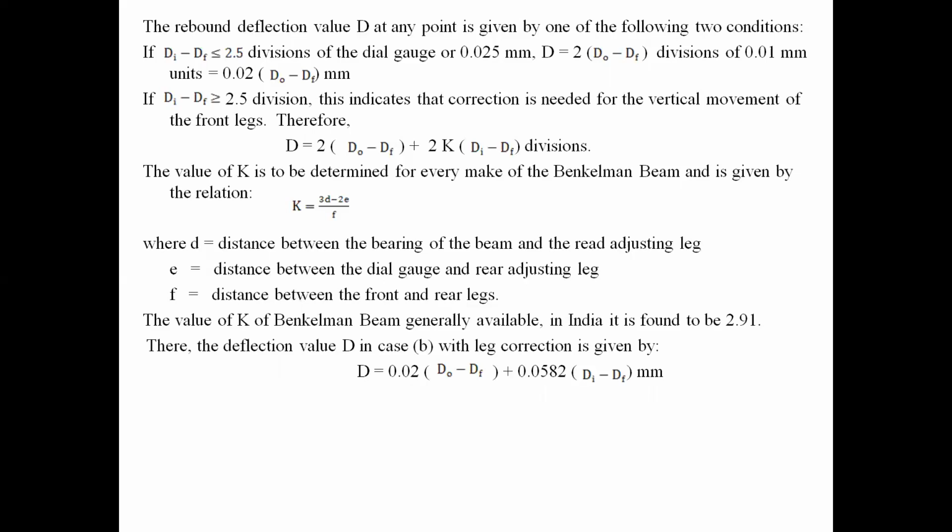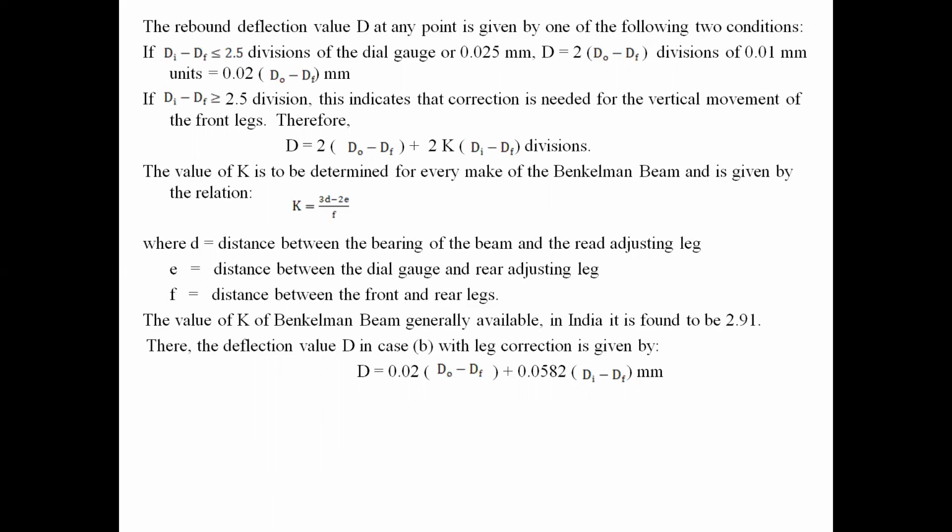The second condition is that if DI minus DF, the intermediate dial gauge reading minus the final one, is greater than or equal to 2.5 divisions, then this indicates that a correction is needed for the vertical movement of the front legs. Therefore, the total dial gauge reading D is equal to 2 into (D0 minus DF) plus 2K into (DI minus DF) divisions.